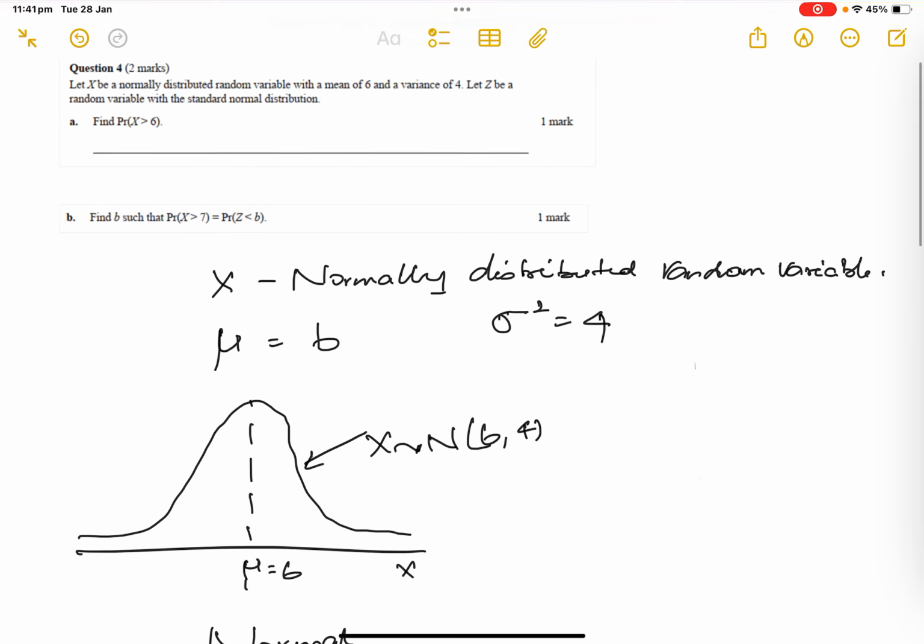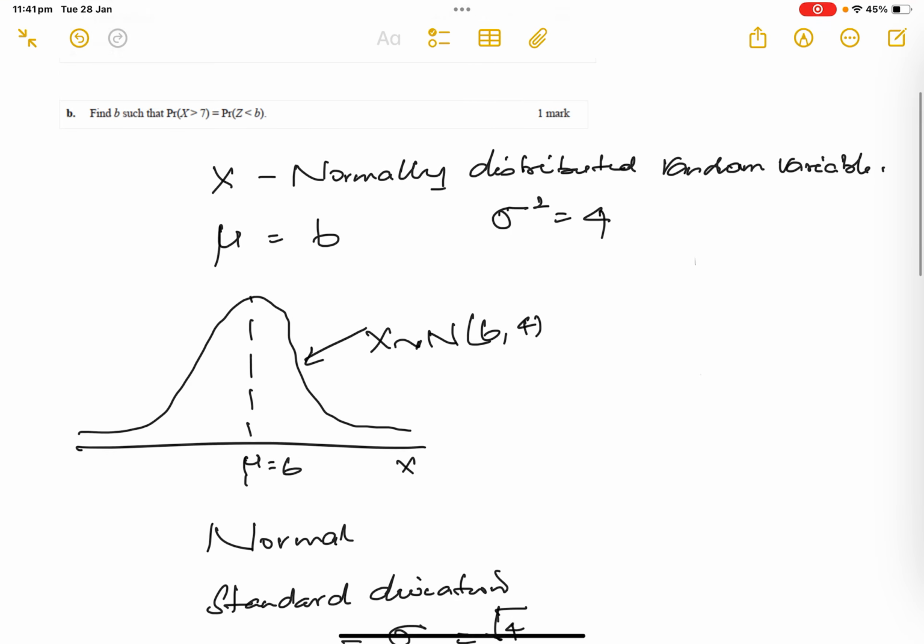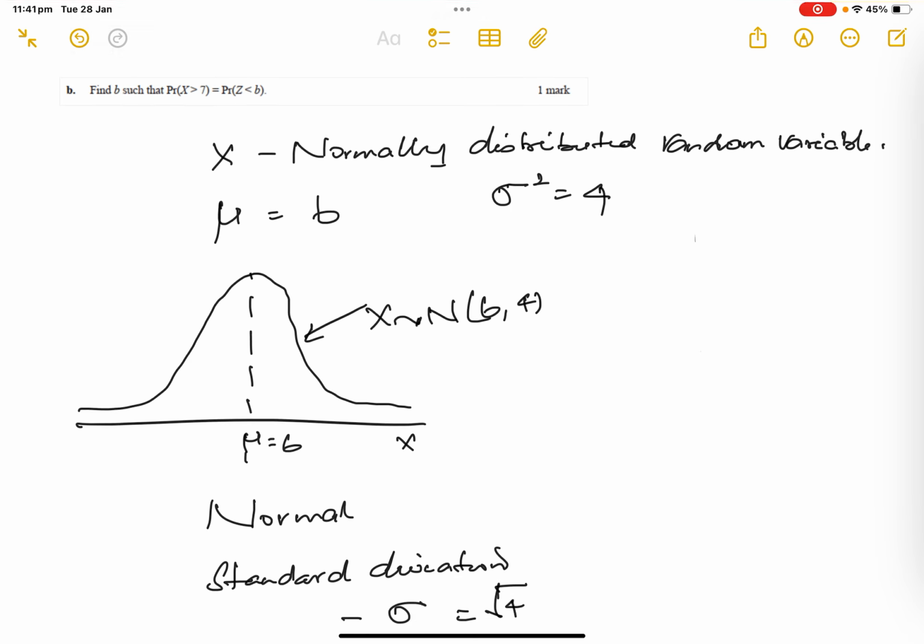So the standard deviation will be the square root of 4. I just put the normal distribution curve. It's the perfect bell-shaped curve, symmetrical about mu equals 6.